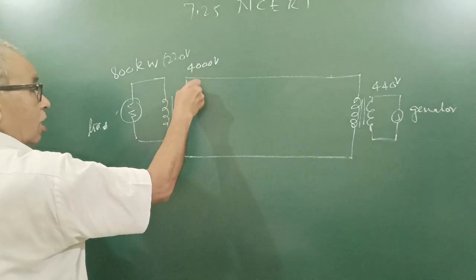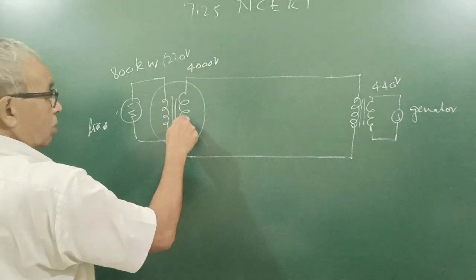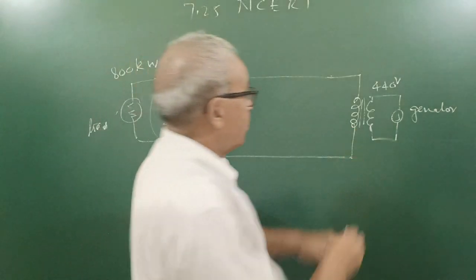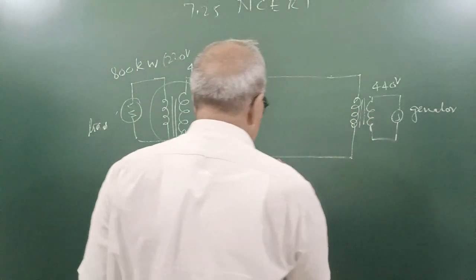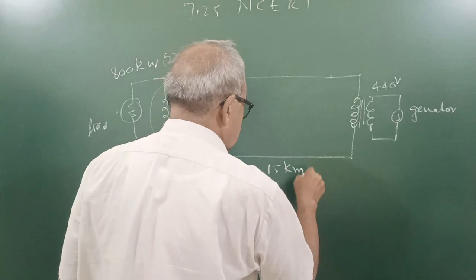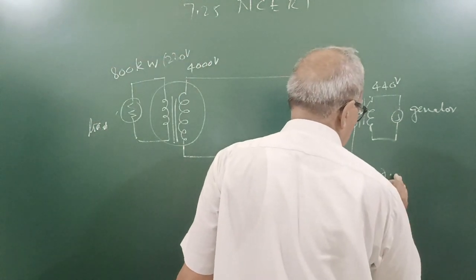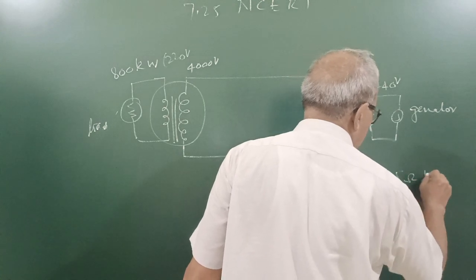Now this transformer is a step down transformer. This is called primary and secondary. 15 kilometer is the distance. The line wire has resistance 0.5 ohm per kilometer.